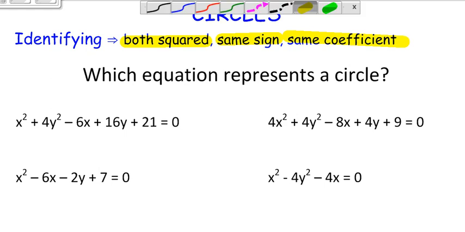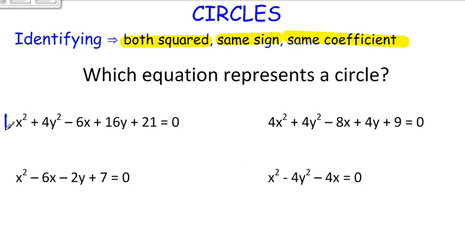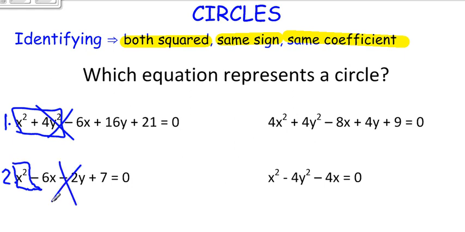So if we look at example number 1 right here, and we're looking at these two terms, notice the coefficients are different. So it is not choice number 1. If we're looking at choice number 2, we do not have any other terms being squared, so it's not this choice.